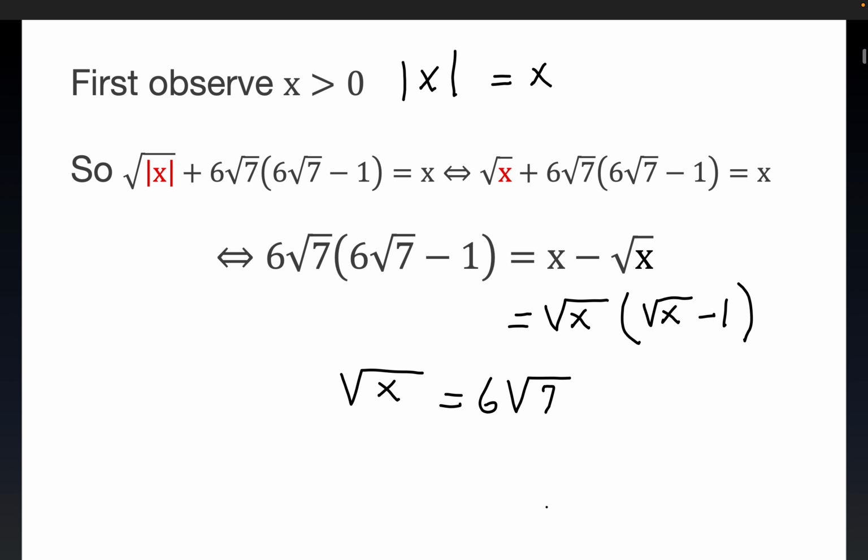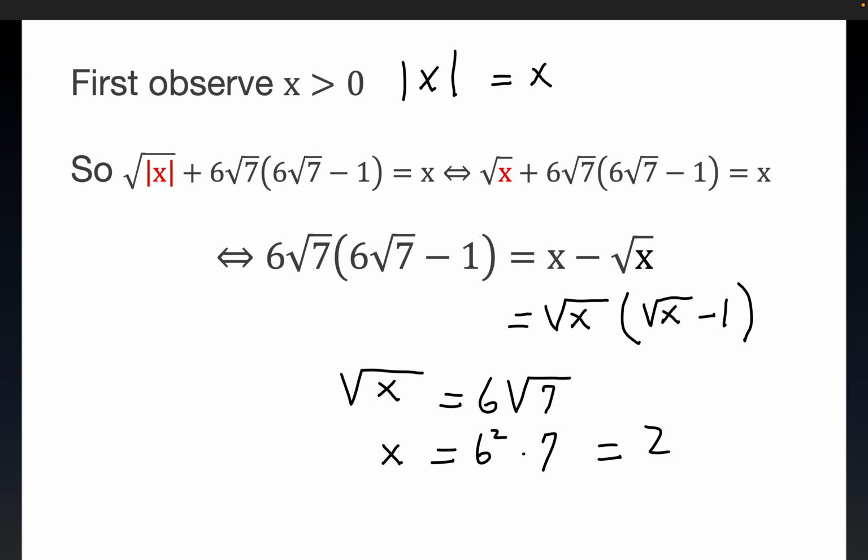Now at this point, you square and you get x is equal to 6 squared times 7, right? You square both. 6 squared is 6 squared, and then the square root of 7 squared is 7, times 7, and I'm getting 252 right here.